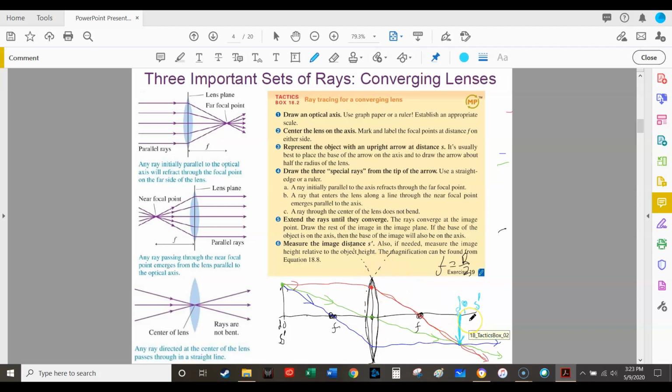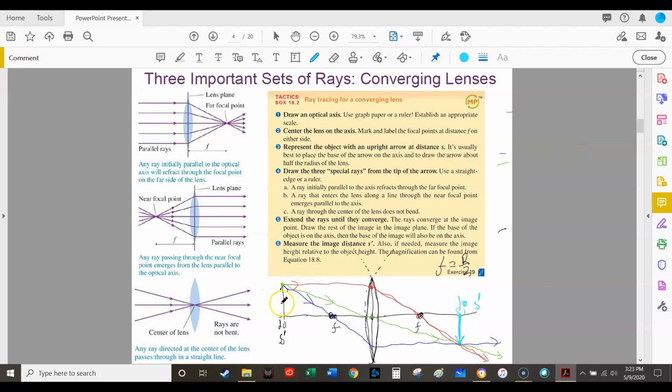It's real because these aren't dotted lines; dotted lines would be virtual lines. Solid lines are real lines. So that's the basics, and that's the procedure for how to draw this. There are really only two types of drawings you're going to have to do, just like with mirrors.